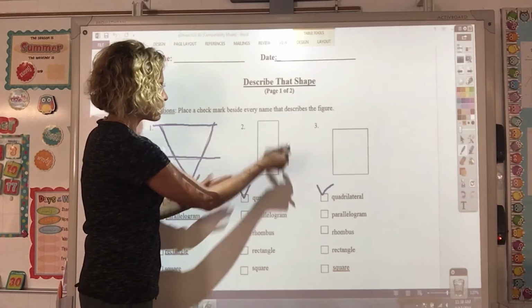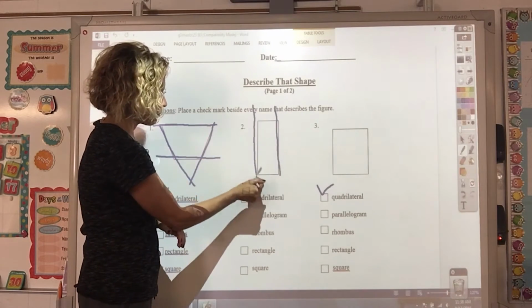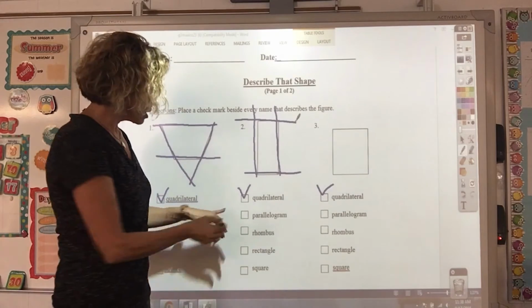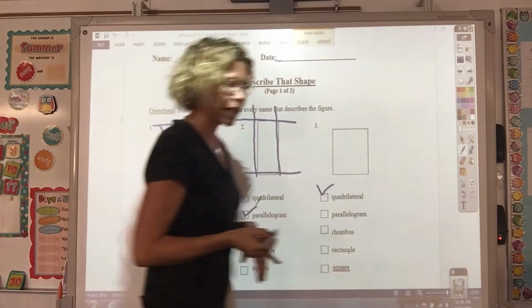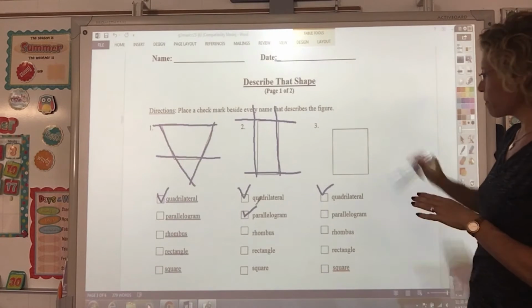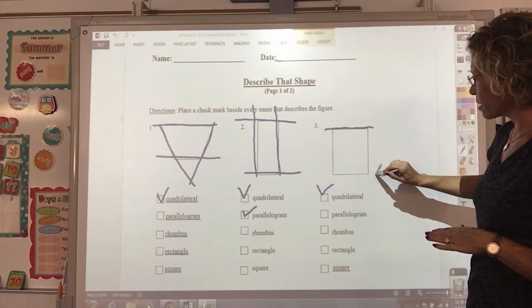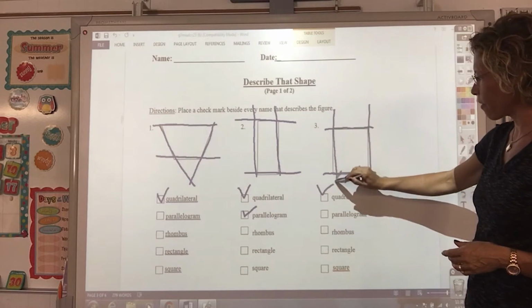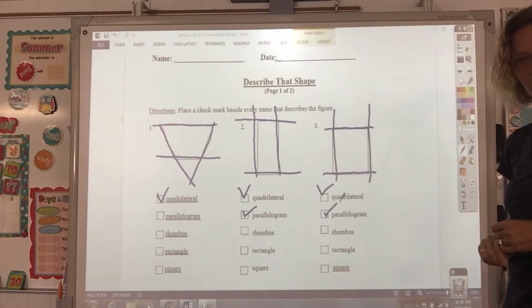Are the opposite sides parallel? Yes, they will go on forever. So yes, this is a parallelogram. Now with the square, same thing. Opposite sides, are they parallel? Yes, they will go on forever. So it is a parallelogram.